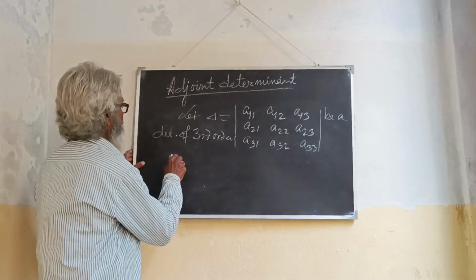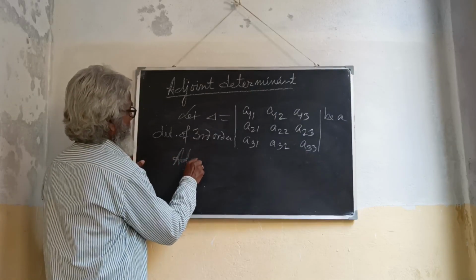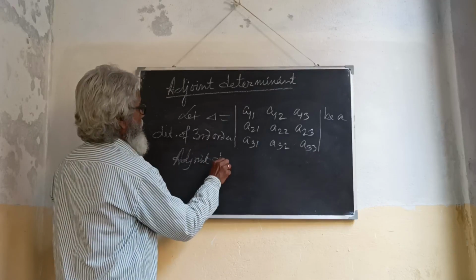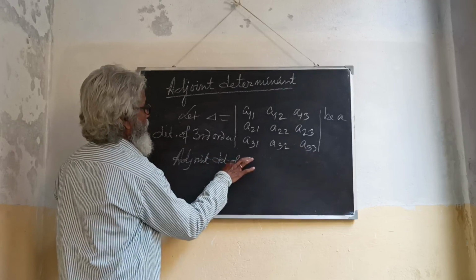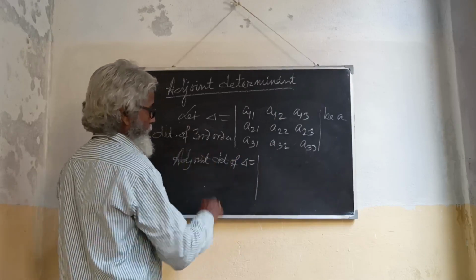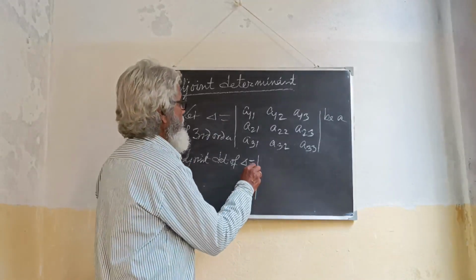Then adjoint determinant of delta equal to, what is its adjoint?